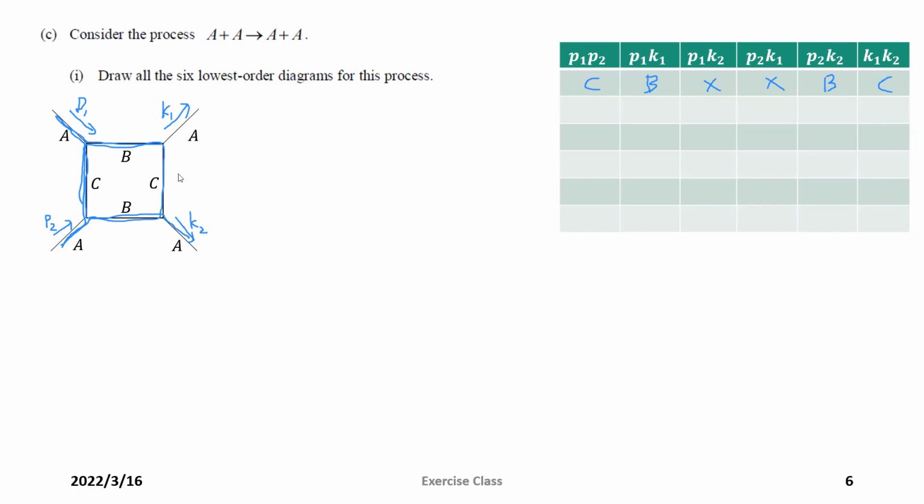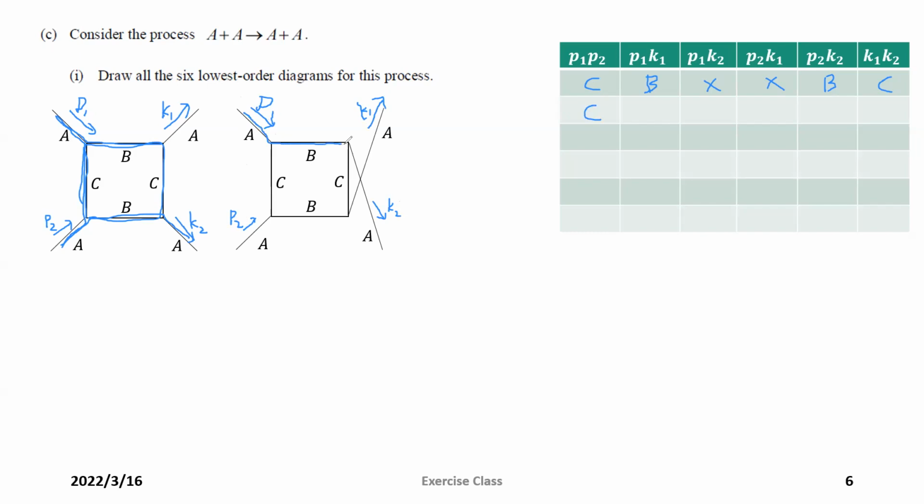And for the next diagram, we can consider the exchange of these two legs. So it's like this. And we can do the same thing here. And P1, P2 is C, P1, K1.